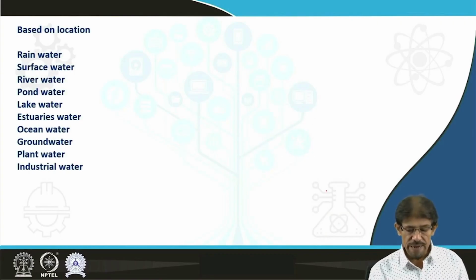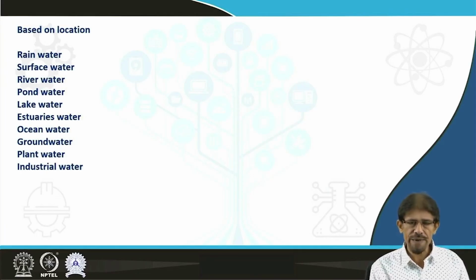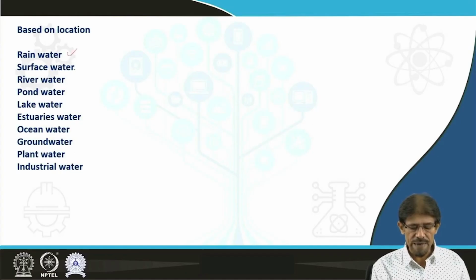As far as the water is concerned, we have discussed different type of water previously. You know well, rainwater, surface water, river water, pond water, lake water, estuary water, ocean water.